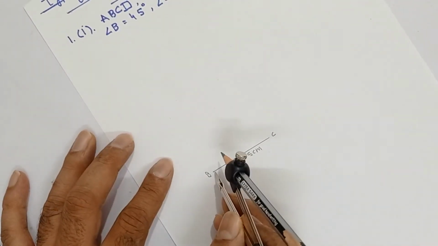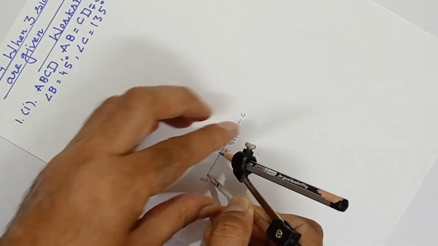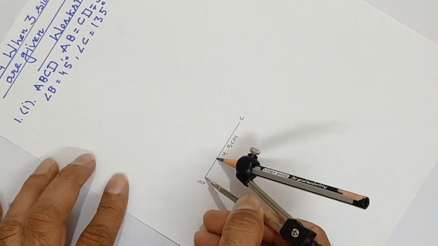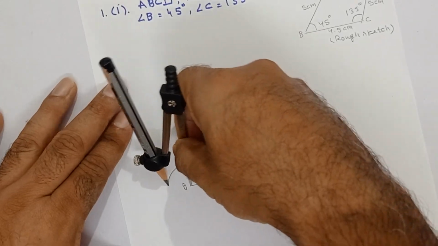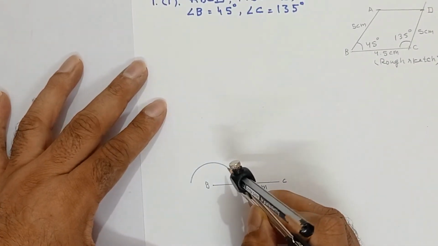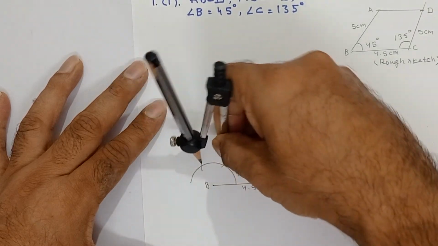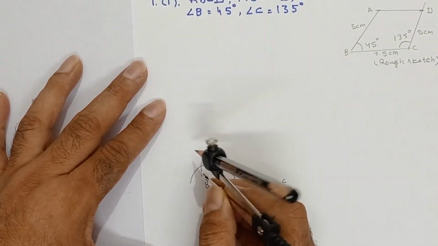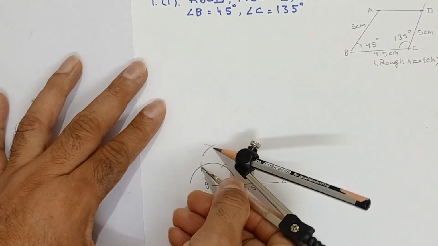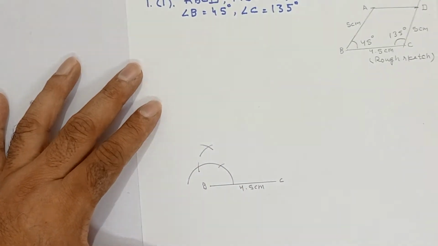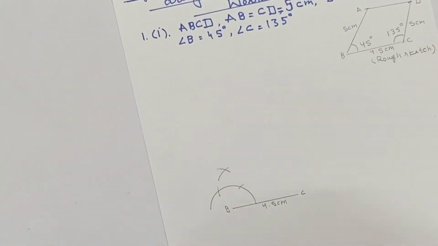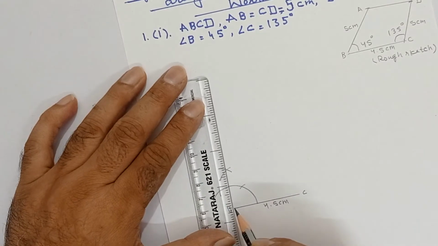So take the compass, keep the compass tip on B, make 90 degree first. This is an arc, keep here 60 degree. This is 120, once on 60 and then on 120. So 90 degree is not our actual requirement, so we will be taking it dotted.